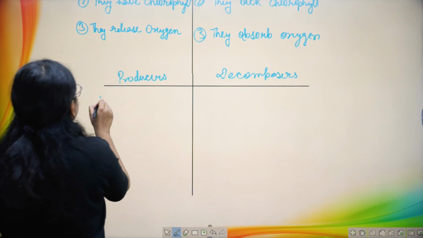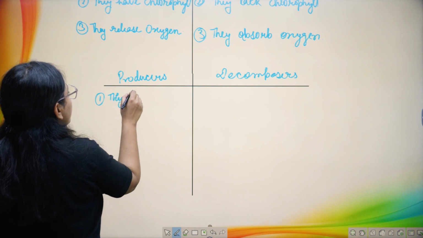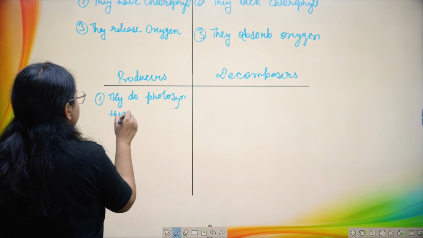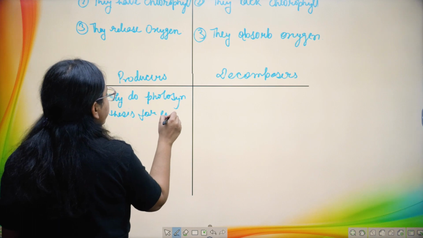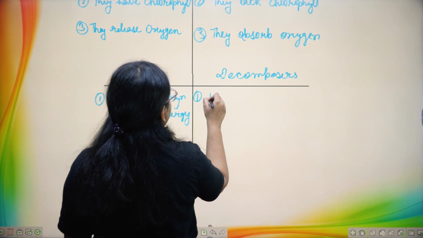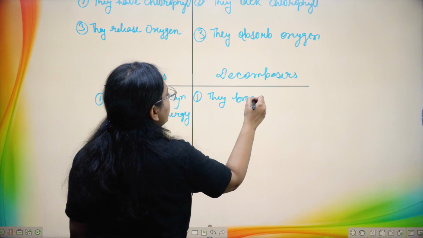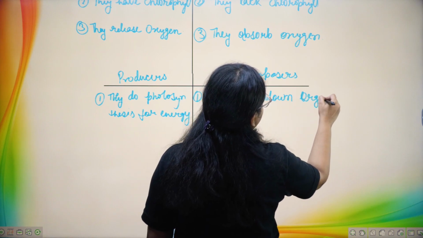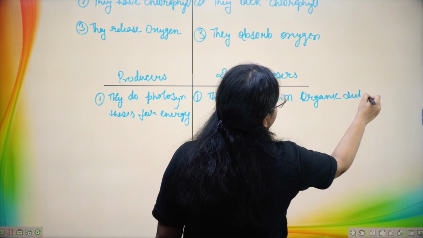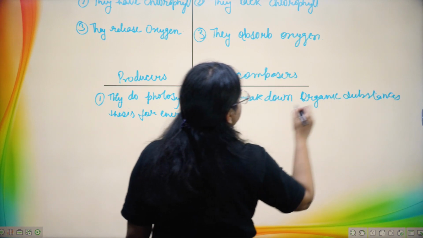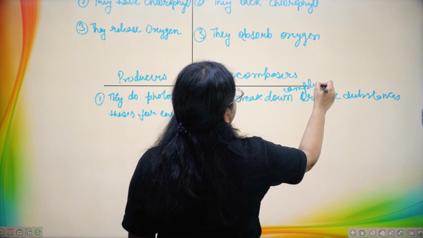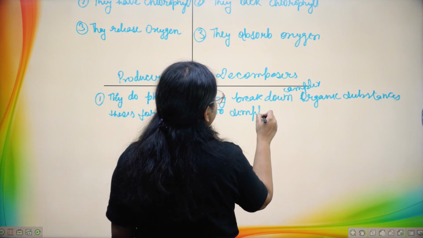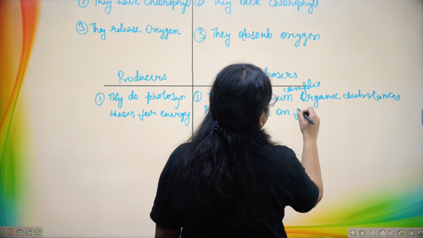First, producers do photosynthesis for energy, and decomposers break down complex organic substances into simpler ones for energy.